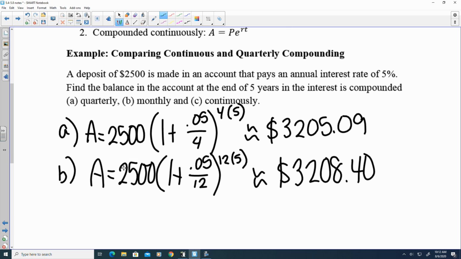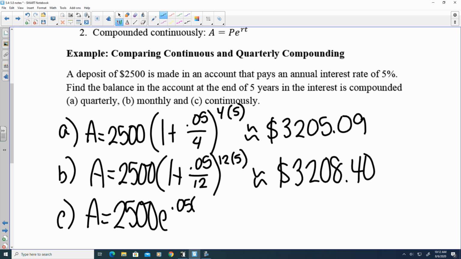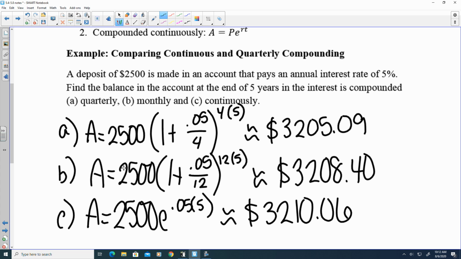And compounding continuously is formula 2, which is PERT, e to the RT, which is the ideal amount of money we would have, but it's not a realistic situation. There is no bank or investment firm that does compounding continuously because they would lose money.